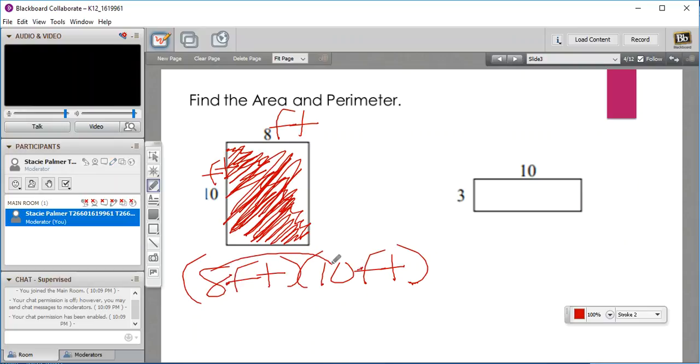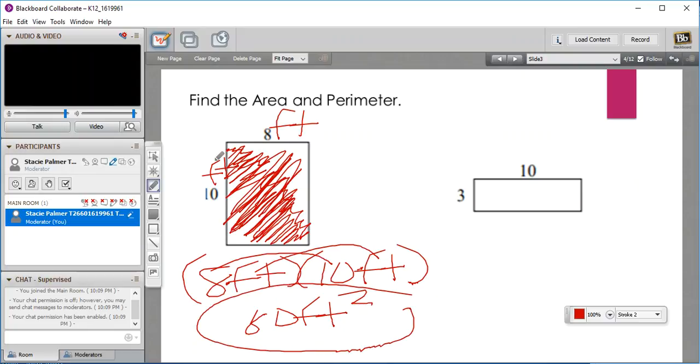So when we multiply the 8 times 10, that gives us our 80. And then feet times feet gives us feet squared. So 80 square feet is what we would say is the area of this rectangle.